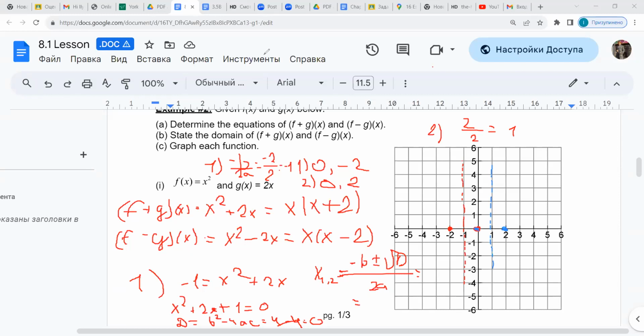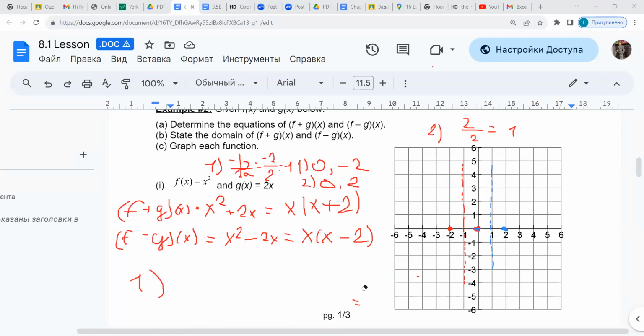Yes, you're right. We substitute -1 for x. Good notice. I'm sorry, I just got a little rushed here. So this is not the right thing to do. We just substitute -1 and 1 for x and find the y value instead.